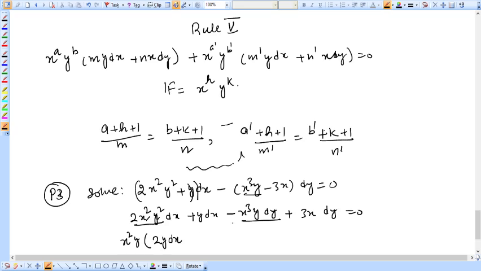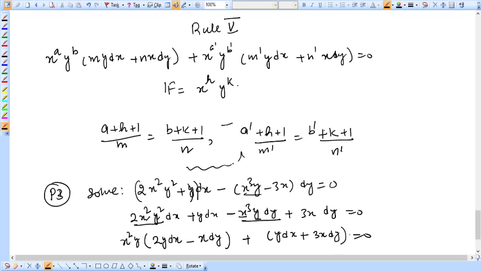Here also y has been taken common and x² is taken common, so what we are left with is minus x dy. And the leftover terms are y dx plus 3x dy.